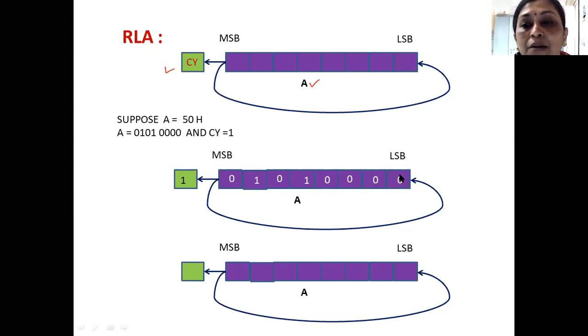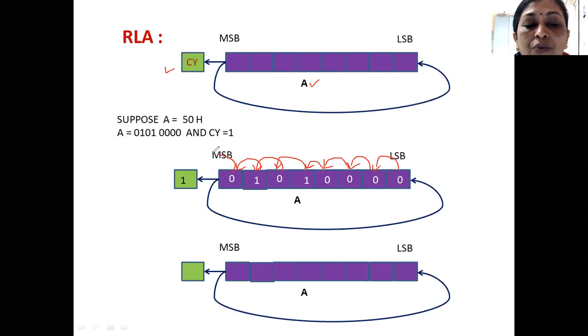Every bit gets shifted by 1 bit to the left. That means this 0 will go to the next bit, this 0 will go to the next bit, this 0 will also go to the next bit, this 0 will go to the next position, this 1 will go to the next position, this 0 will go to the next position, this 1 will go to the next position.